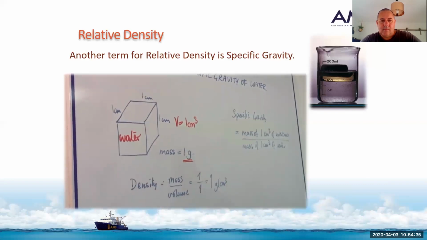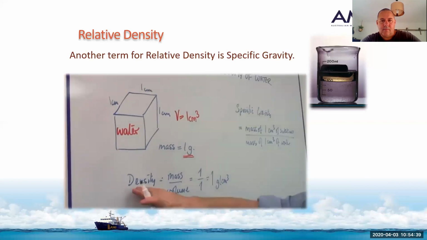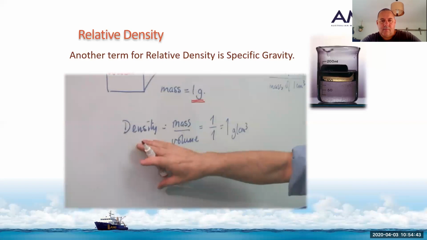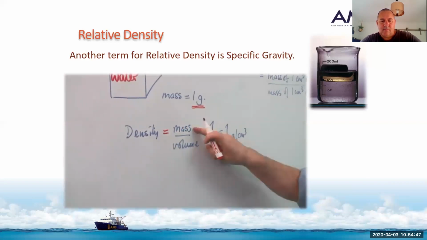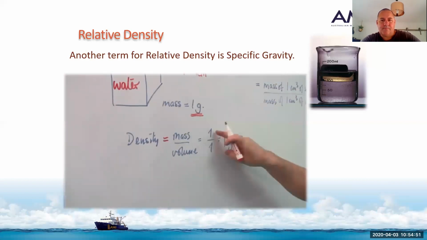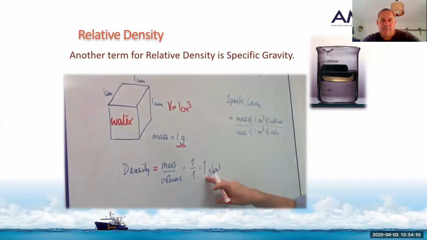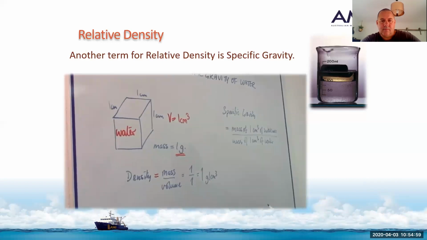Because we have this quantity density, it's density which is important in this case. Density is how heavy something is. So density is mass divided by volume. The mass is 1, the volume is 1, and that gives us a density of 1 gram per centimetre cubed.